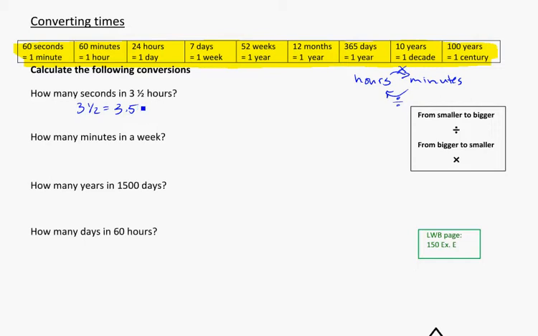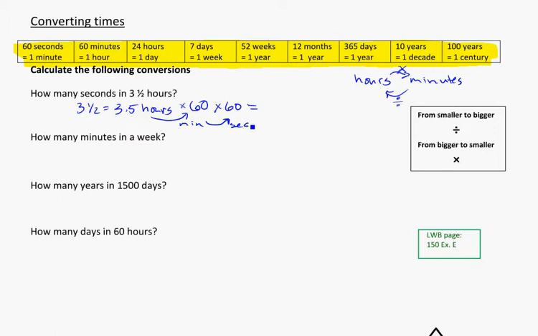So 3.5 hours. Now if I want to find out how many minutes are in that, because minutes is between seconds and hours, let's first convert it to minutes. So 3.5 hours times by 60 minutes in 1 hour, that's going to tell us how many minutes total. And then we're going to times by 60 seconds in 1 minute. So we're going to do it twice to get it from hours to minutes, and then from minutes to seconds.